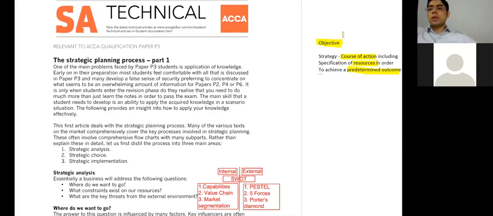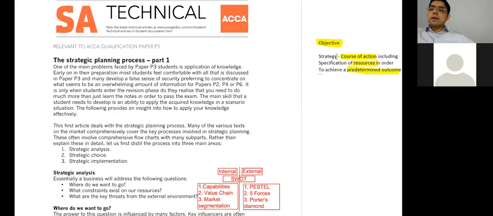For example, you would be using my notes, attending my lectures, and reading the technical articles, examiners' reports, past papers. All of these are resources that you would be using so that you are equipped with the ability required to pass the strategic business leader exam.